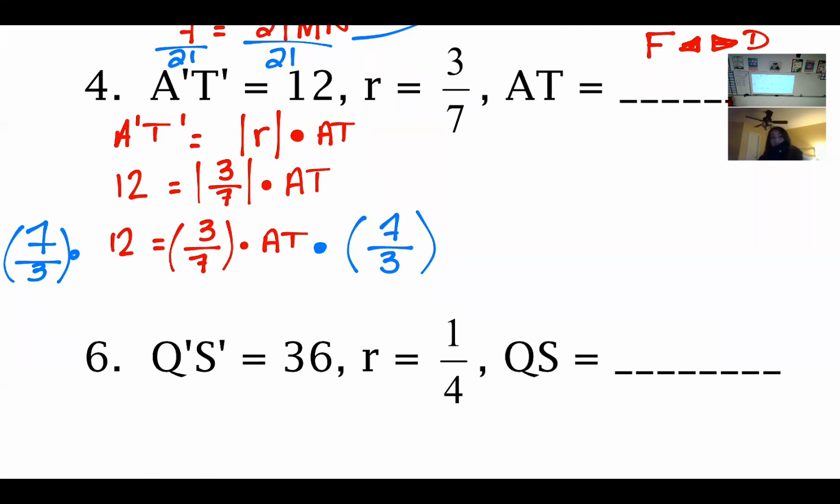So if we've got, how about we'll just do the math out. So 3/7 times 7/3. We're not even going to cross cancel or nothing.